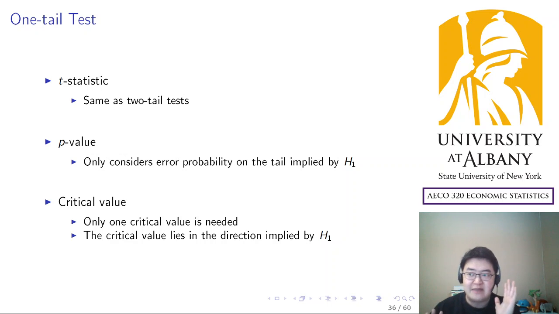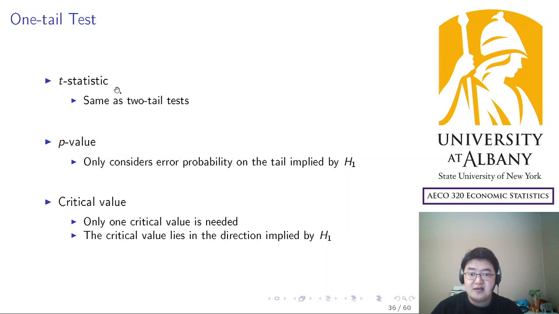So in that example, one tail test would be more appropriate. We are trying to find out the customers who are making too many cancellations. And that's the starting point we considered. So from there, all the intuition holds in the same way.